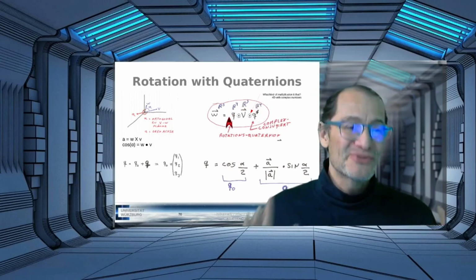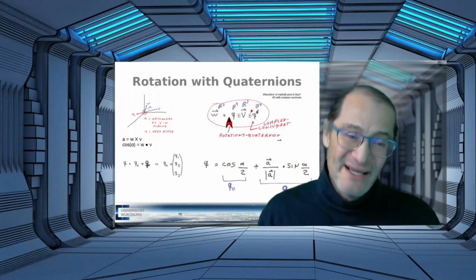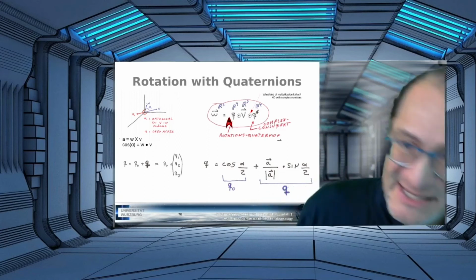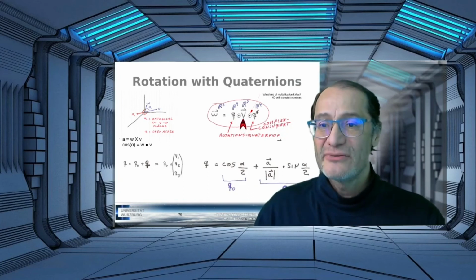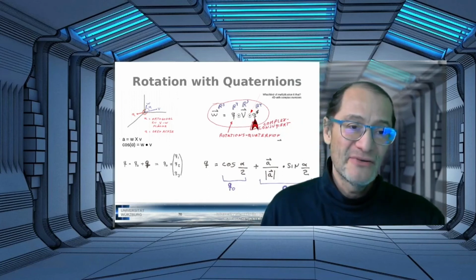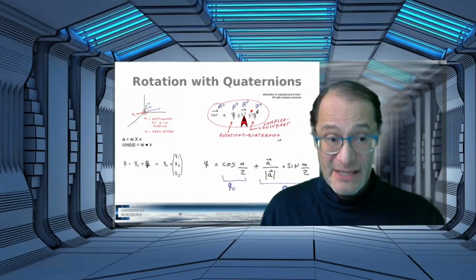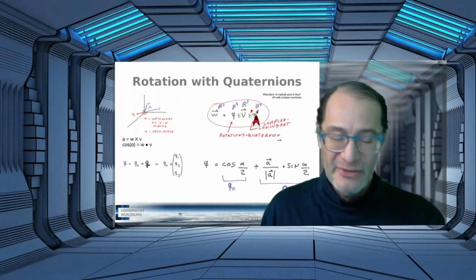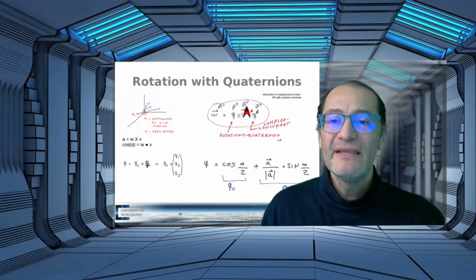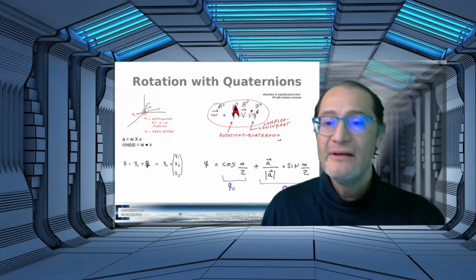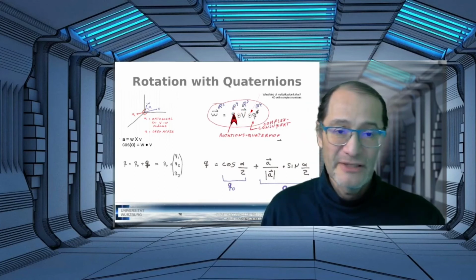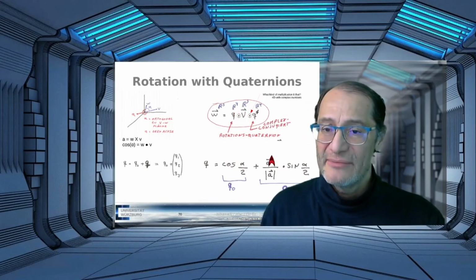We are just going to take it as is. We know it works, so we are going to use this as is. So the rotation will be the inverse quaternion times the original vector times the normal quaternion. And remember, this is the quaternion that we are going to use.